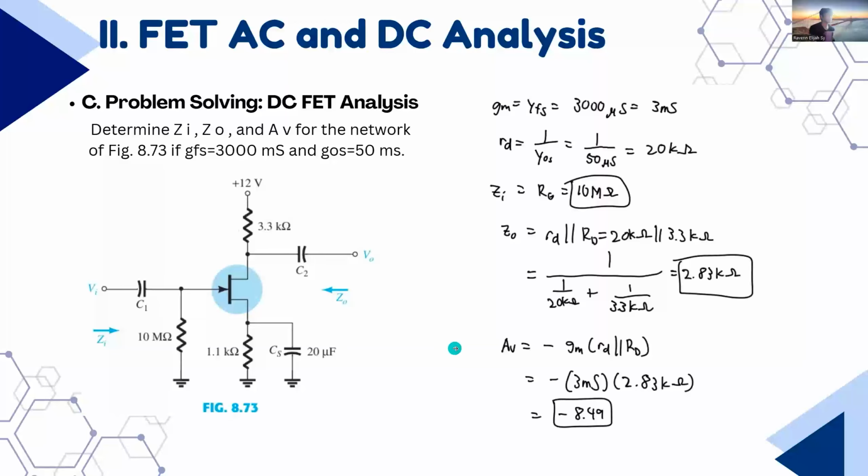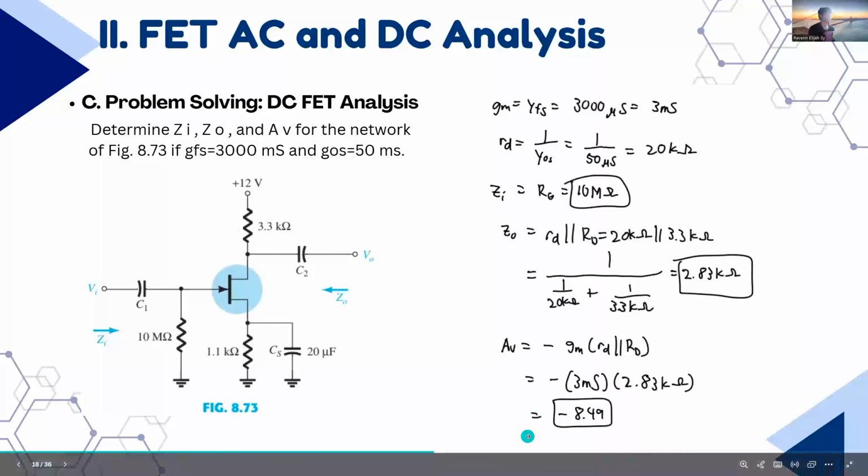Finally, the AV, applying the formula, we have gm, which is what we have here, 3 millisiemens, and what we have here, 2.83 kilo ohms for the output impedance. So that will be our answer. AV is equal to negative 8.49 gain.